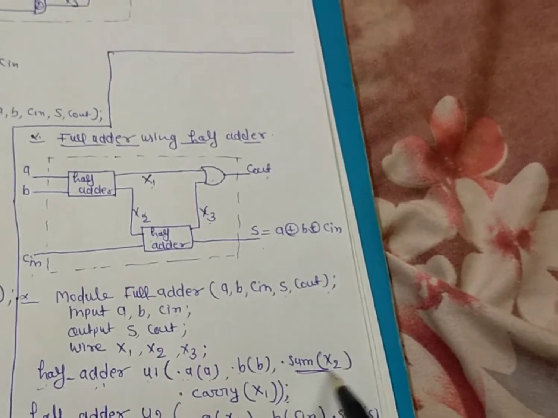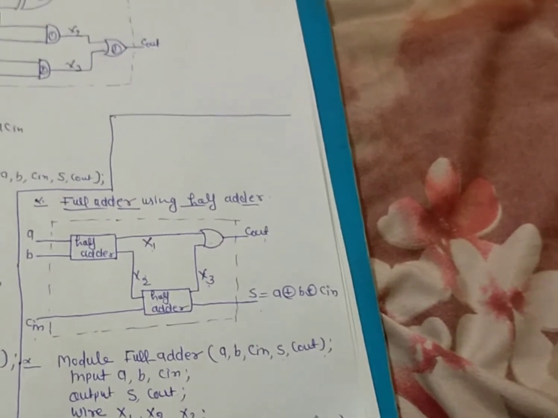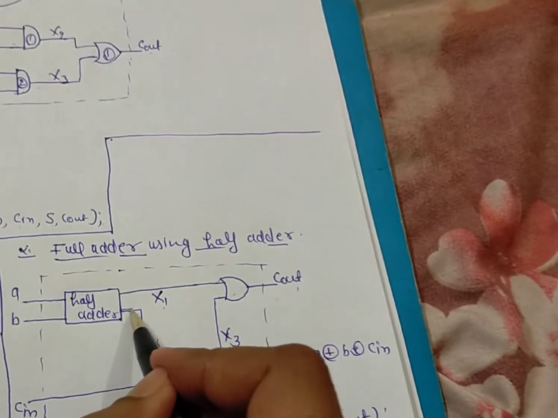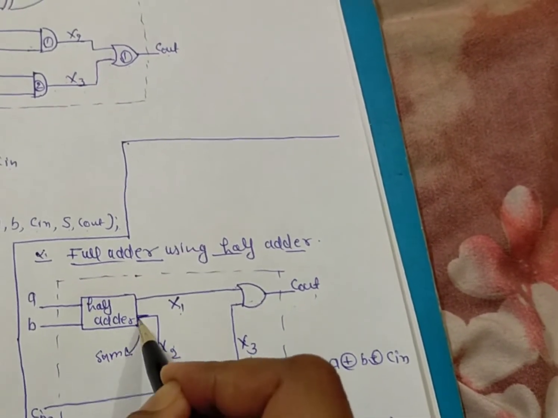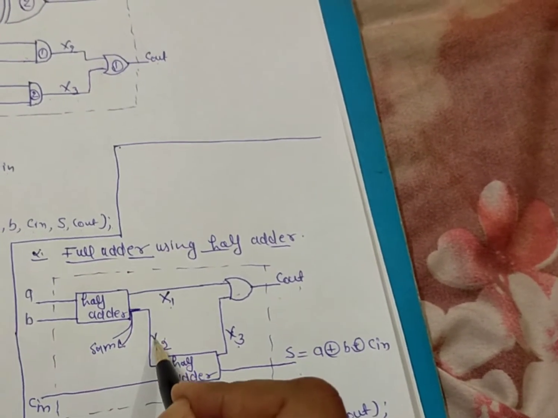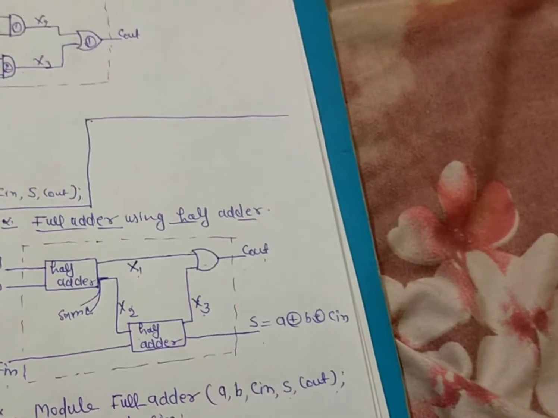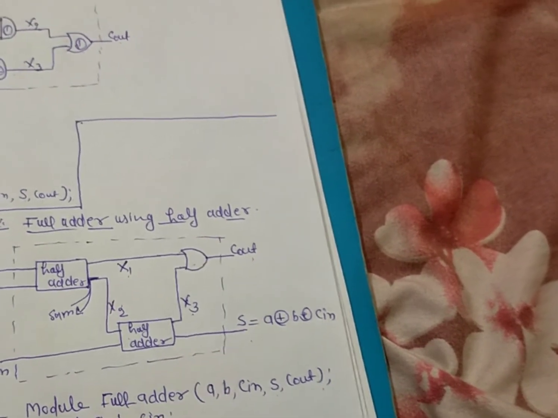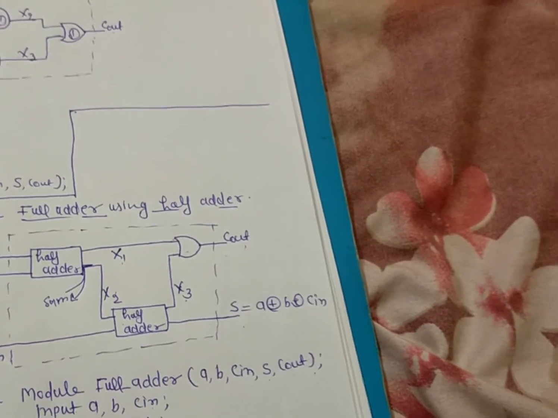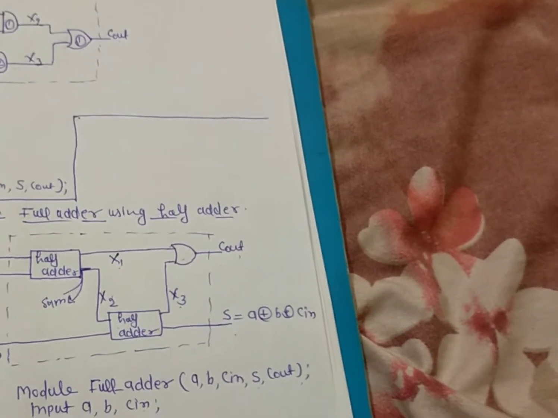So here this sum basically represents the output of the half adder, and this x2 represents the interconnection. So we can write in this form: sum, this is the output of the half adder, and x2, this is the interconnection of the two half adders.